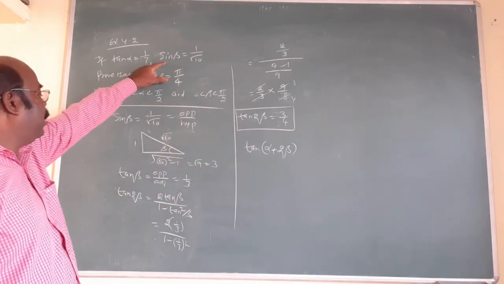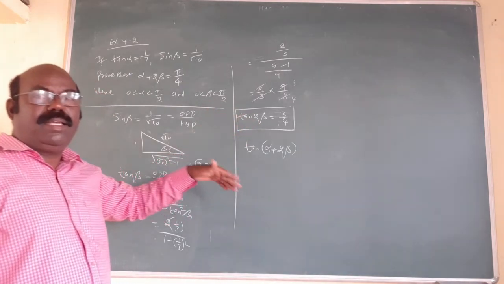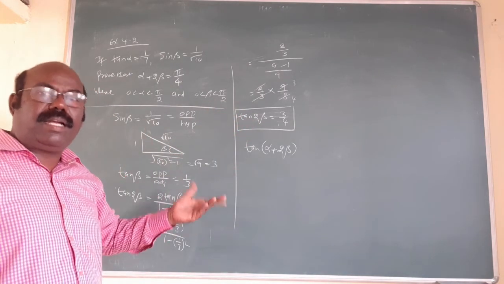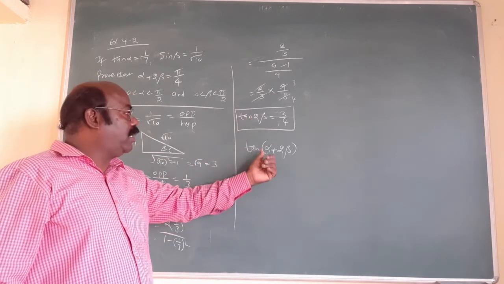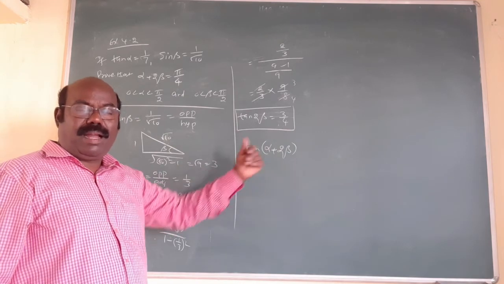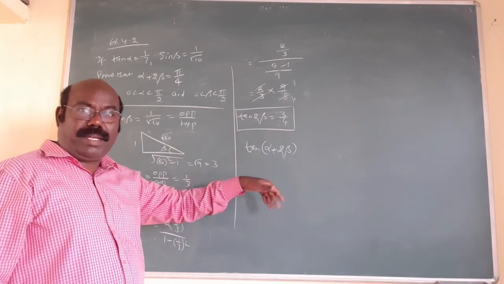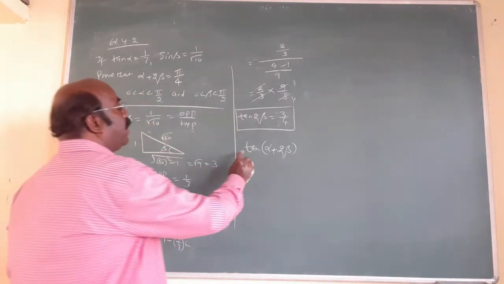Sin beta was given, from this you found tan beta, and we know the value of tan 2 beta. That's why I put the formula for tan of alpha plus 2 beta, not sin of alpha plus 2 beta, not cos of alpha plus 2 beta. Because tan alpha is given and tan 2 beta is already found, that's why we are using the tan formula.